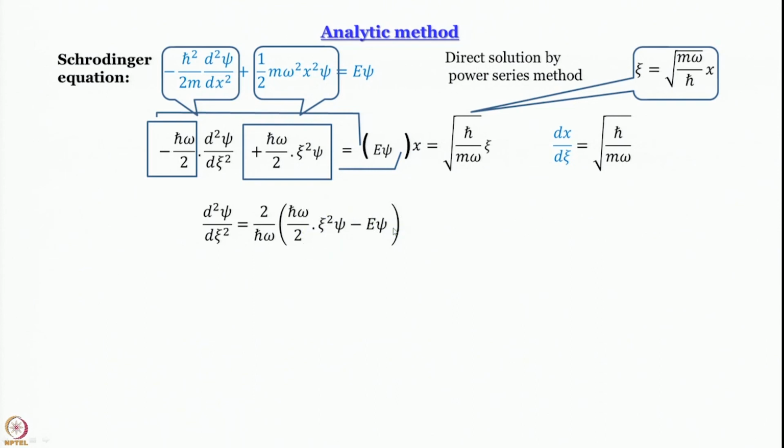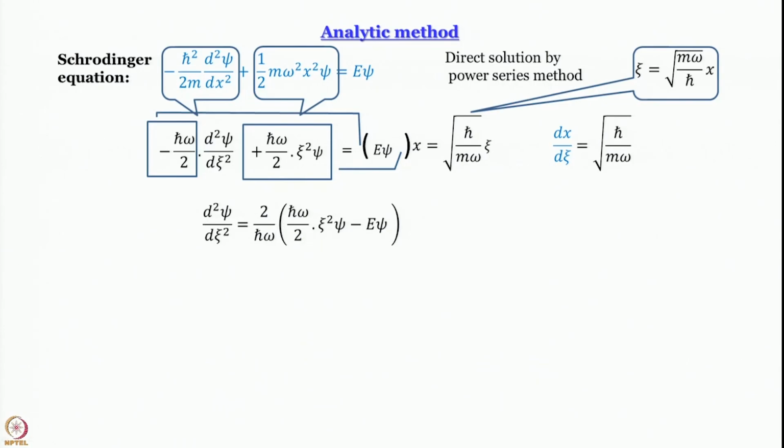Okay. So, on the right hand side we have two terms, both of them are psi multiplied by some constant or the other. So, you can take psi common outside the bracket, and also the nice thing is you have h cross omega in the numerator and in the denominator, 2 in the numerator and in the denominator, they are all going to cancel.